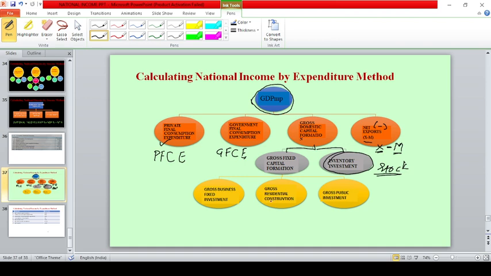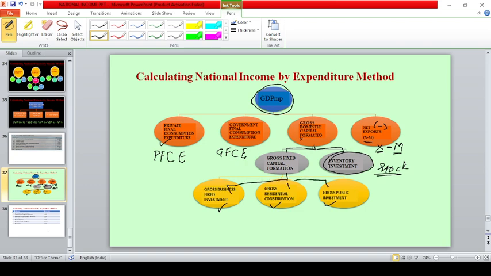Then you have gross residential construction and gross public investment, again the government investment. Now students, hardly will it be given to you in the sum, so nothing to worry about these components. It is just for your understanding.